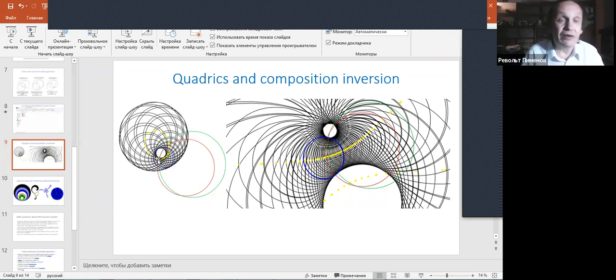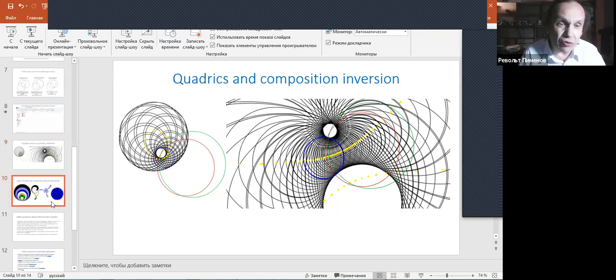If we show this dynamically, we can see that the velocity of this moving yellow point is in good connection with Kepler's law. And this is for the hyperbola. In the other case, we have the foci of the hyperbola, and these foci are in the centers of the enveloping circles. It is a basic element for video art.